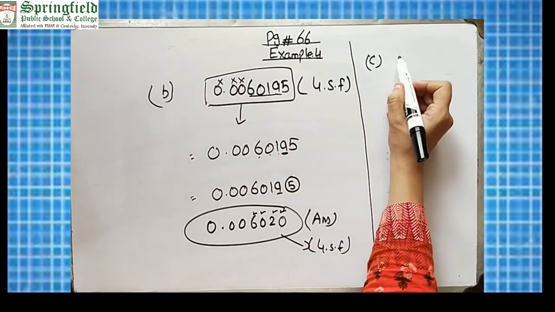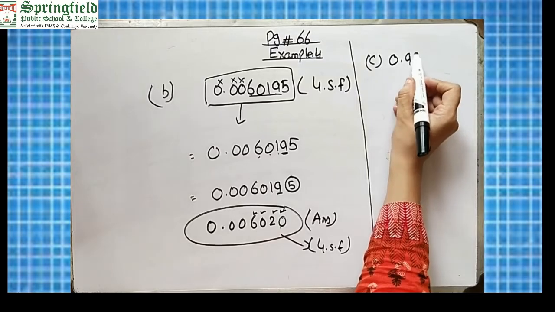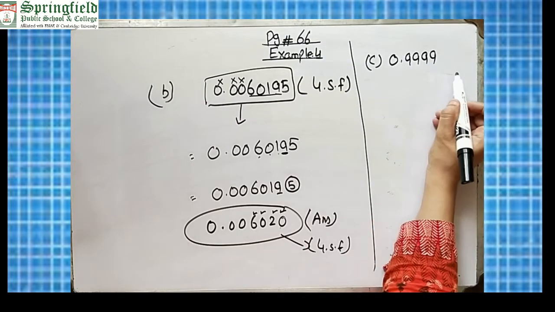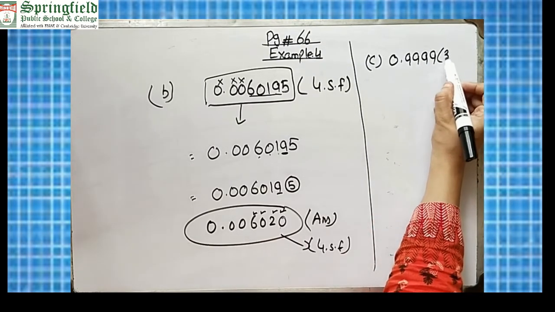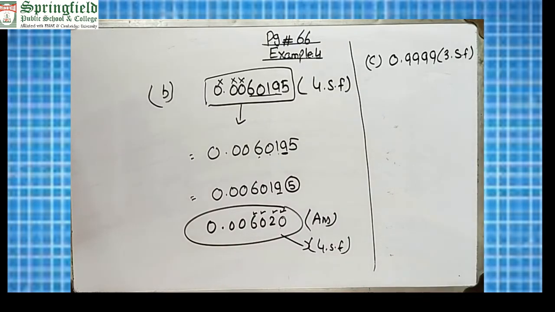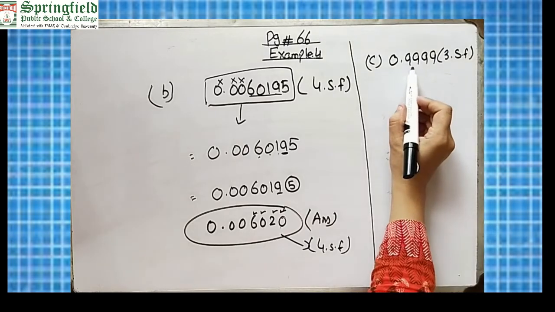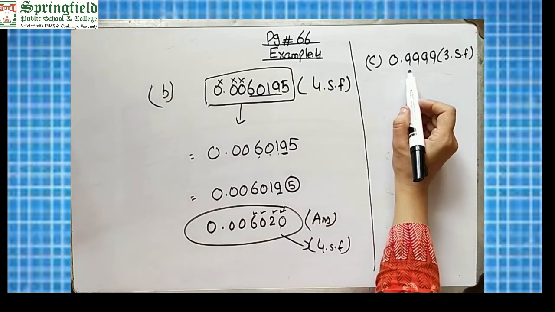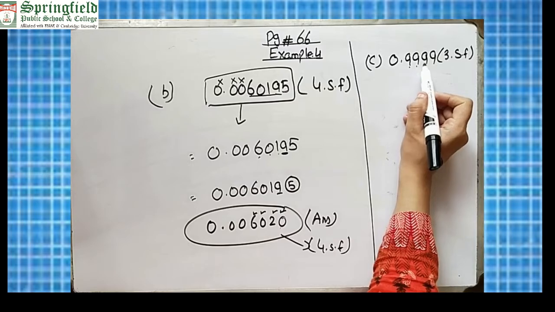The C part is 0.9999, four 9s. And they are saying to round off to 3 significant figures. So the given value has 4 significant figures, 1, 2, 3 and 4.